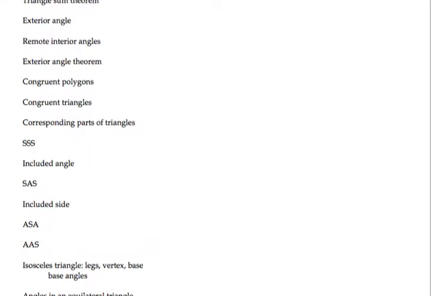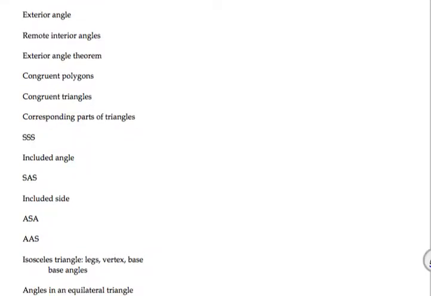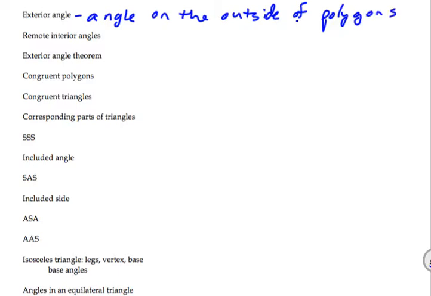Okay. So exterior angle. Those are going to be angles on the outside of polygons. In this example, I'm going to do it like this. This is your exterior angle.